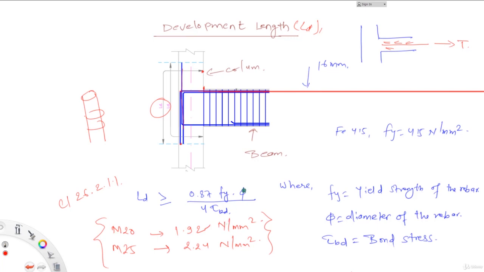What this says is that for your development length, whatever value you get from putting in the values of Fy, phi and tau Bd, let's say that this value is 100 mm. So it says that your development length can be equal to 100 mm, can be greater than 100 mm, but it shouldn't be less than 100 mm. So this is how you calculate the development length.